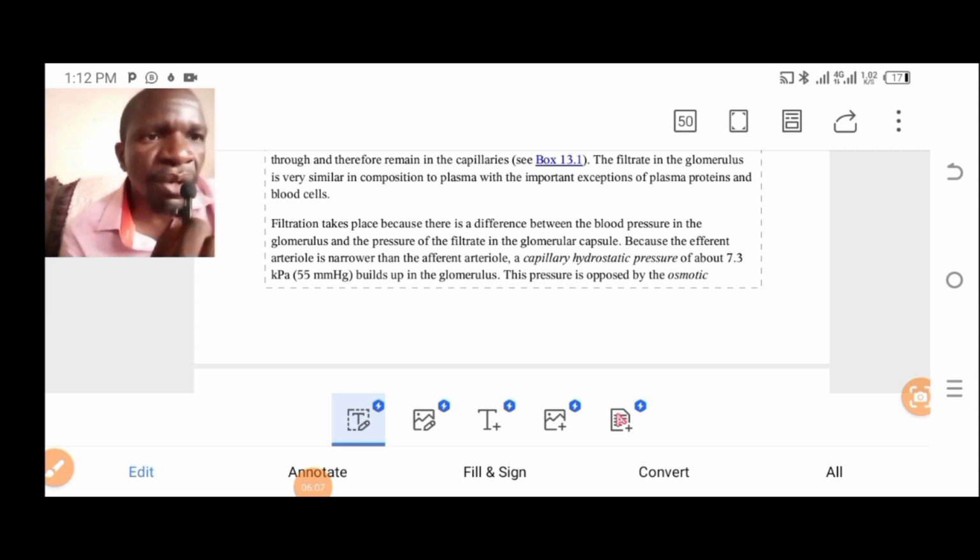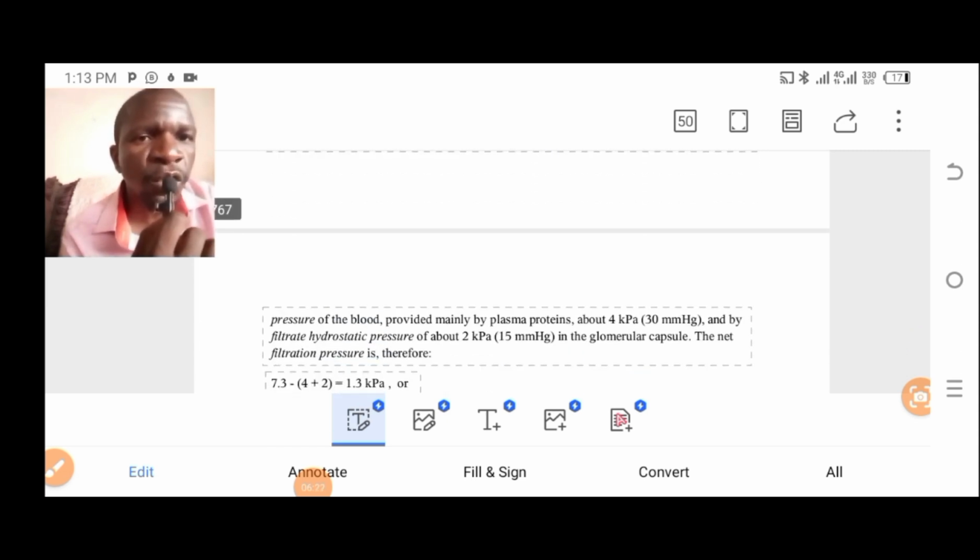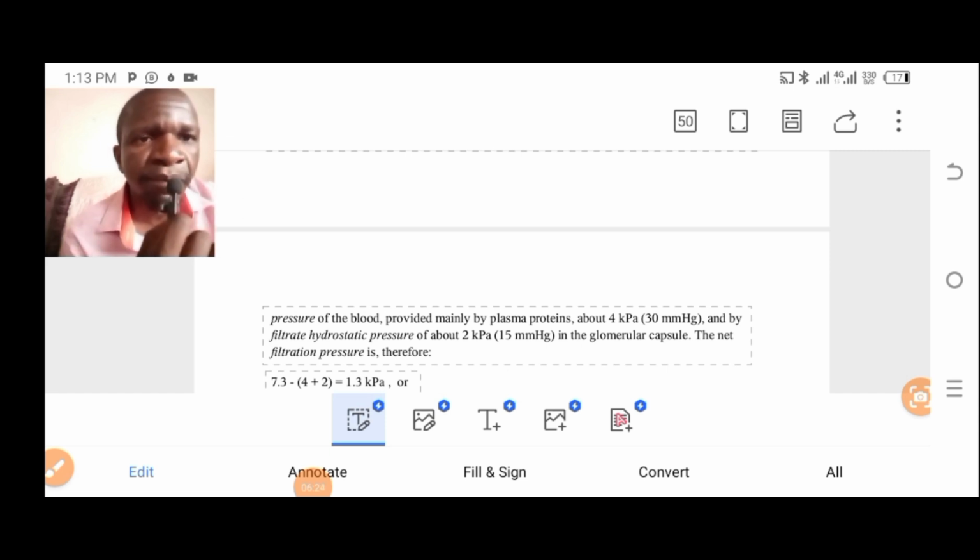So because the efferent arteriole is narrower than the afferent arteriole, a capillary hydrostatic pressure of about 7.3 kilopascals, which is 55 millimeters of mercury, builds up in the glomerulus. This pressure is opposed by the osmotic pressure of blood, provided mainly by plasma proteins, about 4 kilopascals, which is 30 millimeters of mercury, and by the filtrate hydrostatic pressure of about 2 kilopascals, which is 15 millimeters of mercury, in the glomerular capsule.